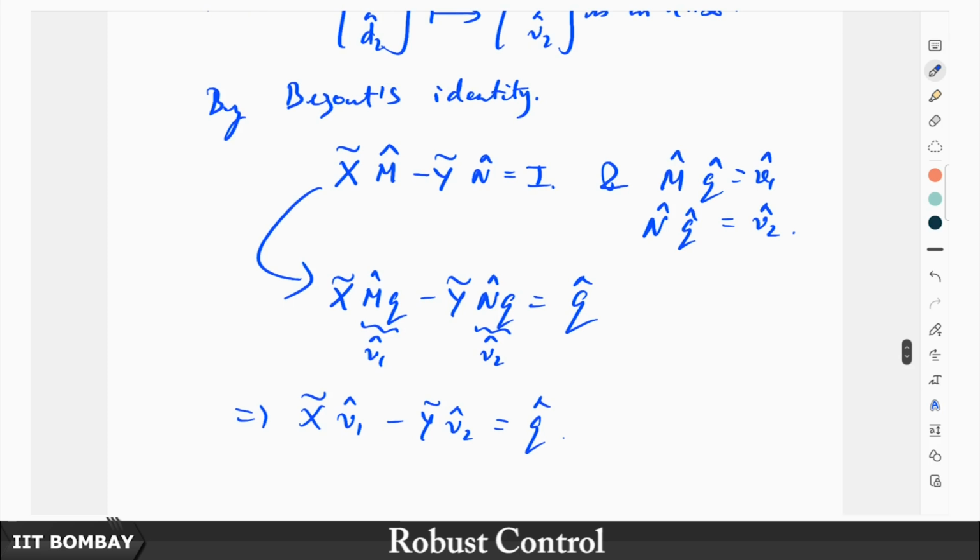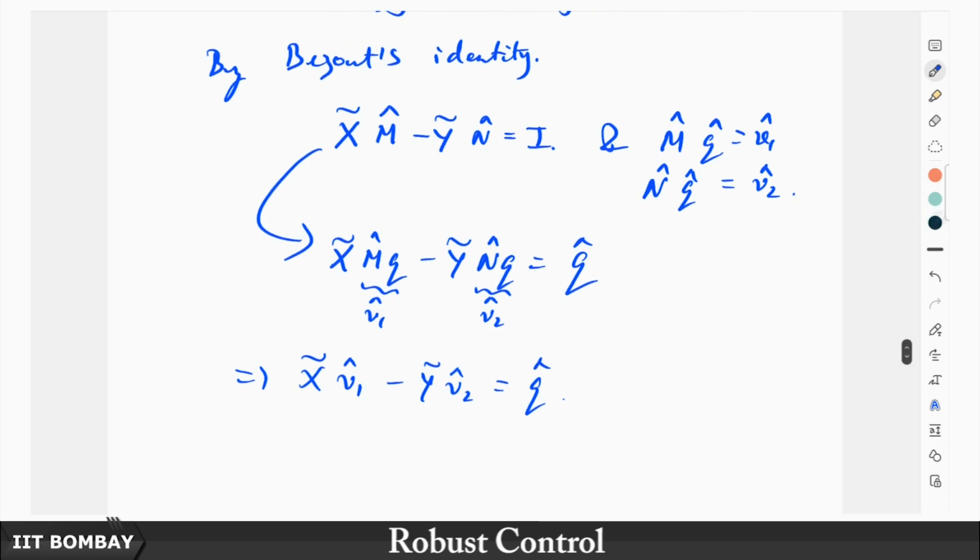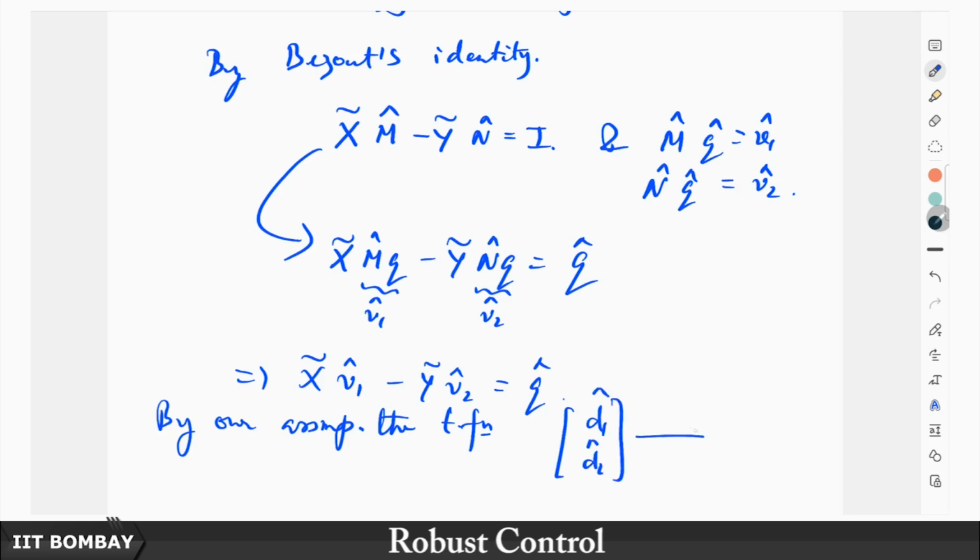So, what is essentially the implication of this relationship? Let us try and understand this. This shows us that there is a map from v1, v2 to q. So, what have we assumed earlier? Just recall that by our assumption, the transfer function between d1 hat, d2 hat to v1 hat, v2 hat belongs to RH infinity.